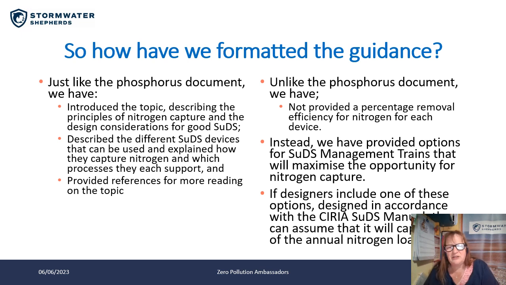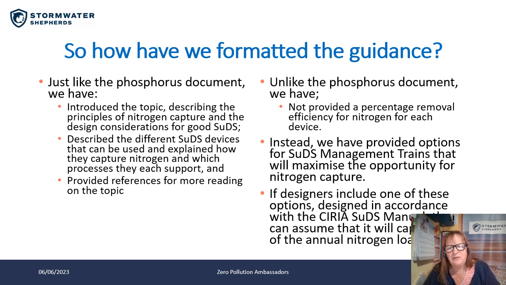But unlike the phosphorus document, we have not provided a percentage removal efficiency for each device. So we don't give you a list of devices and a list of percentage removal efficiencies, because we can't, because it's too complicated and we could never be certain of that figure. We started off trying to do it and we concluded that we couldn't.